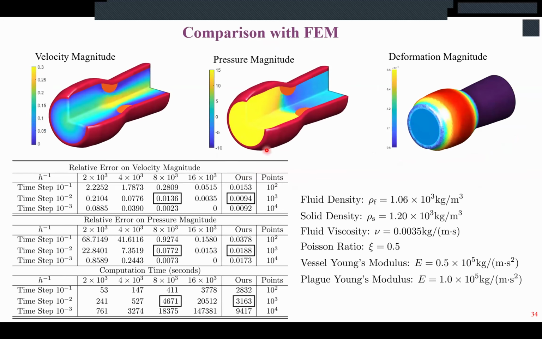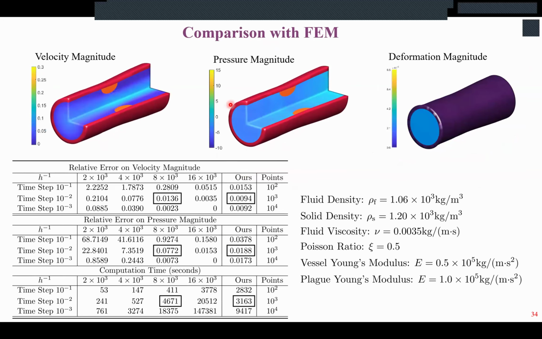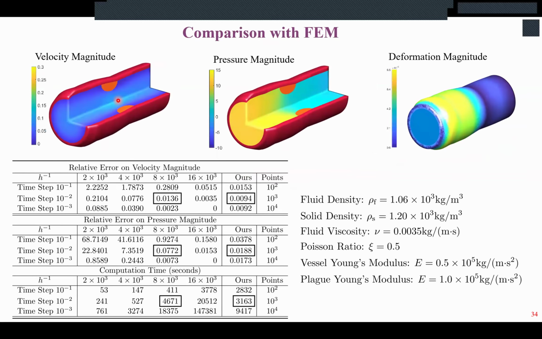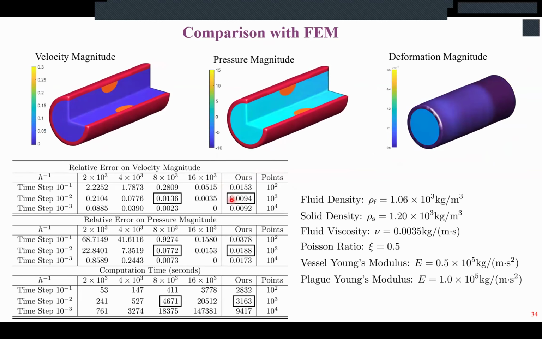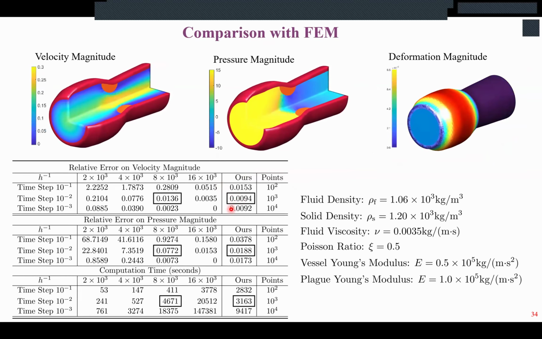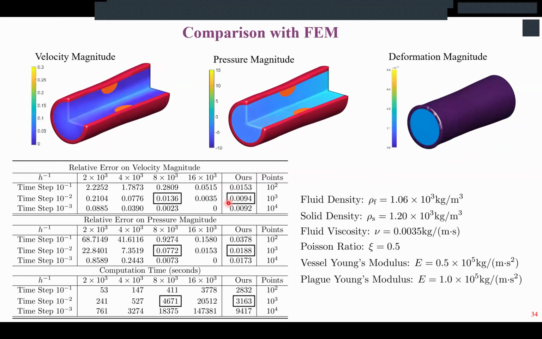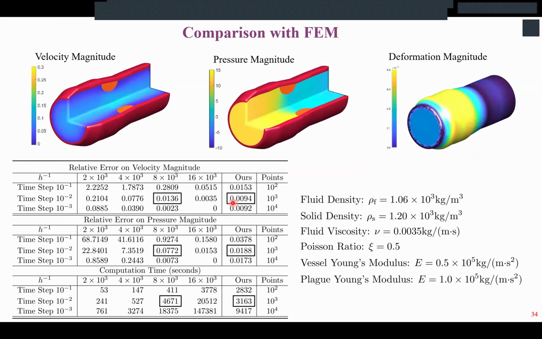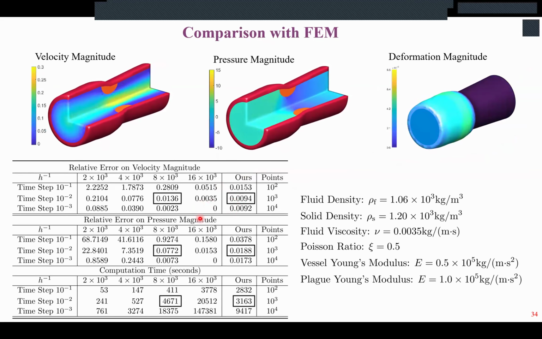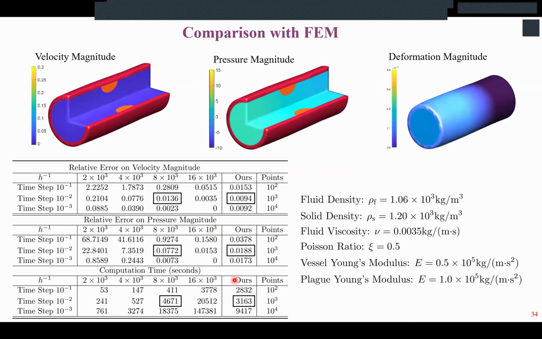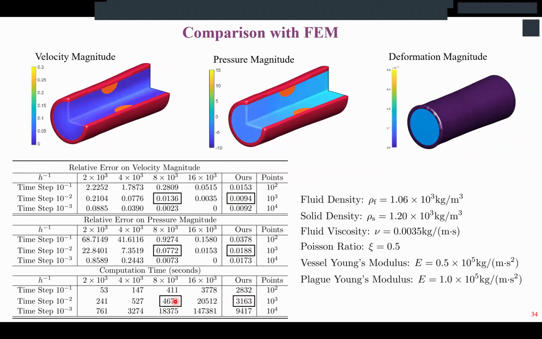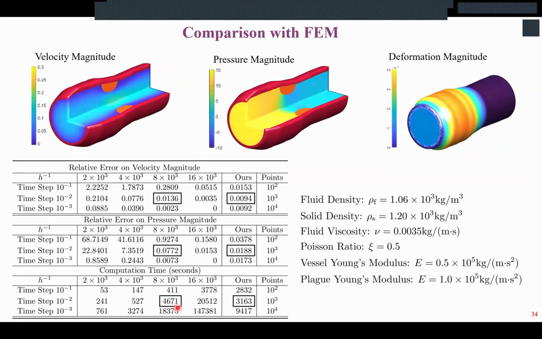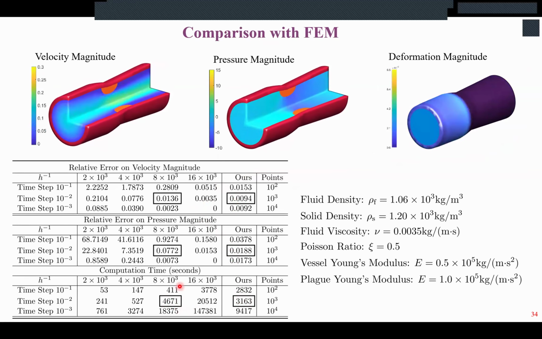Here is another example with slightly more complex geometry, which is a vessel geometry with a plug. According to the same comparison logic, our results actually get slightly better relative errors, while we actually saved a lot of time compared to the corresponding finite element mesh.